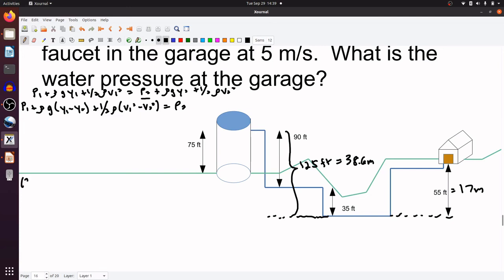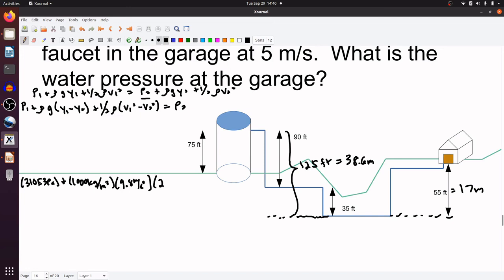All right, so this will be 310E3 Pa plus rho, which is 1,000, times g, which is 9.8, times y1 minus y2, so that's 38.6 minus 17, which gives you 21.6. I'm combining some things.